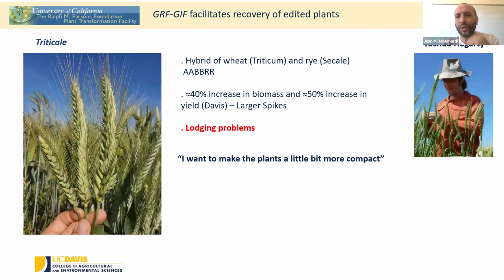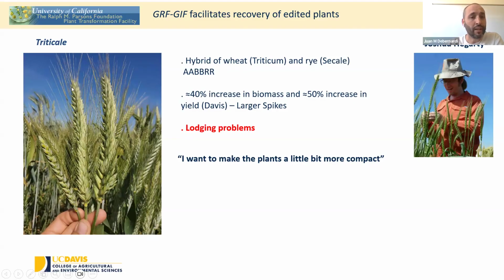Now I'm going to show a quick example of what we can do combining CRISPR and GRF-GIF, and also expanding the genotypes that we can transform. Josh is the wheat breeder. He wanted to edit triticale, which is a hybrid between wheat and rye. Triticale yield and biomass are much higher than wheat, but it has a lodging problem.